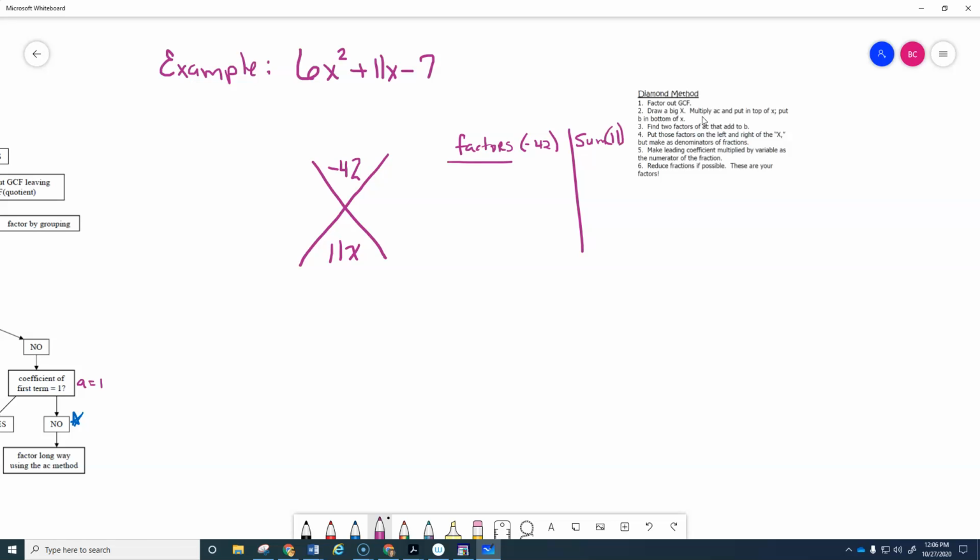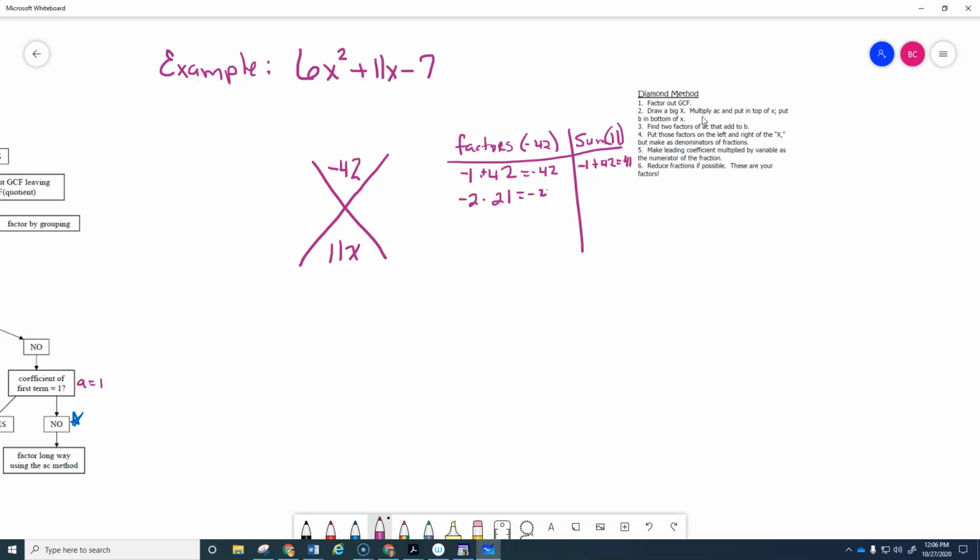Okay, same thing that I always do. Factors of 42. That's 1 times 42. And we'll make this one positive, this one negative. So that'll give you a negative 42. And if you combine those together, negative 1 plus 42, you get 41. I need an 11. So what about 2 times 21?